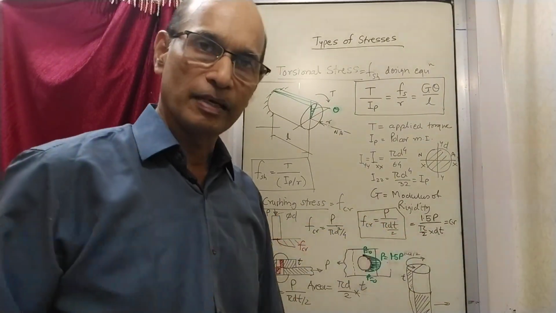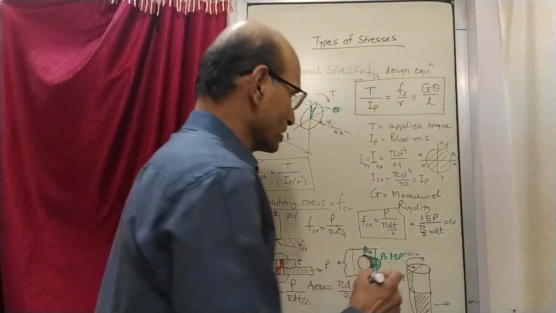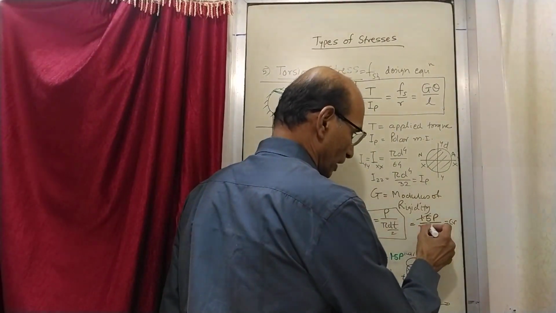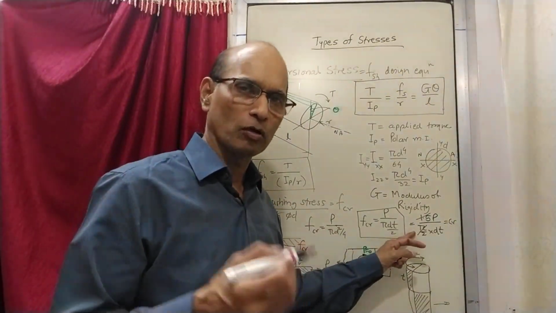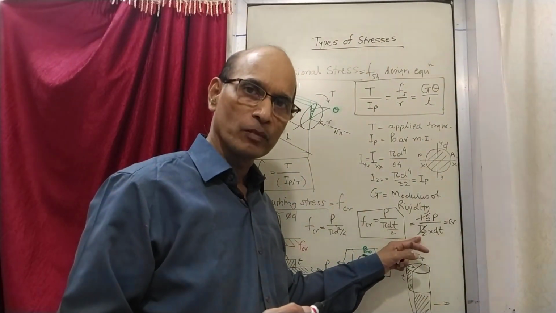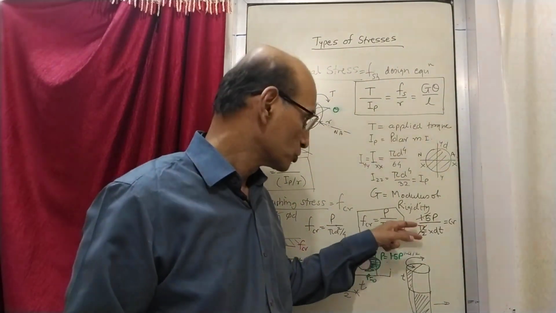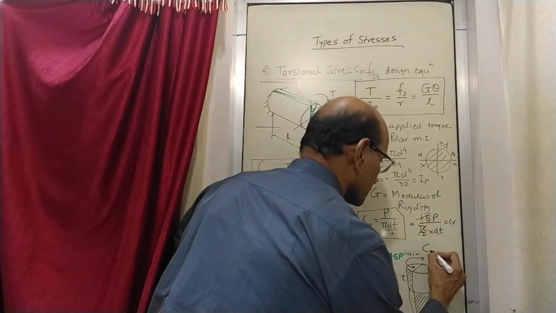Can you simplify this further? Yes, because this 1.5 will cancel with this. Pi is 3.14, so almost 3. 3 by 2 is 1.5, and this is also 1.5. So approximately this goes.